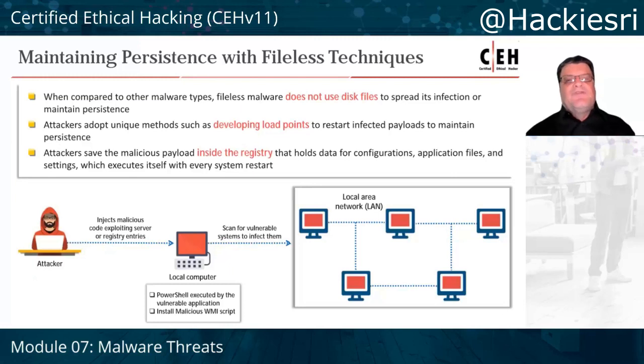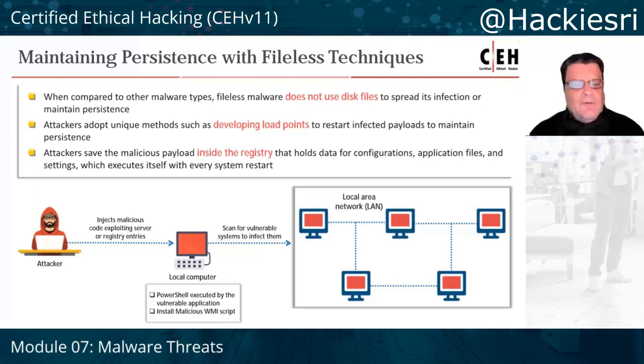Maintaining persistence with fileless techniques. When compared to other malware types, fileless malware does not use disk files to spread its infection or maintain persistence. Attackers adopt unique methods such as developing load points to restart infected payloads to maintain persistence. Attackers save the malicious payload inside the registry, which holds data for configurations, application files, and settings, and which executes itself with every system start.